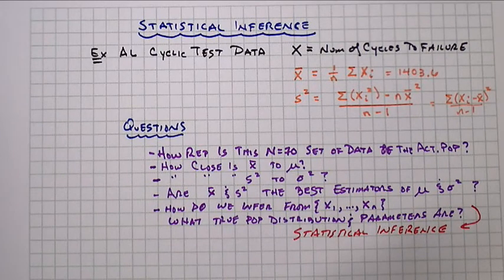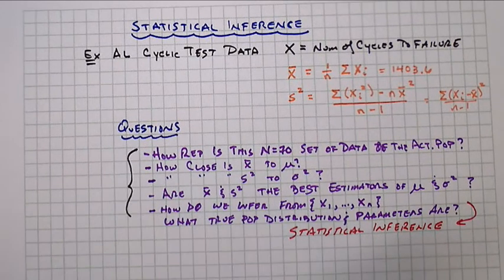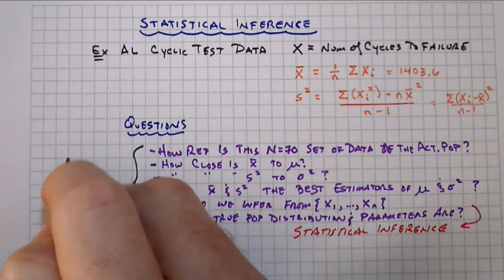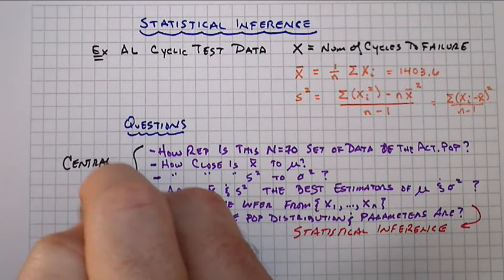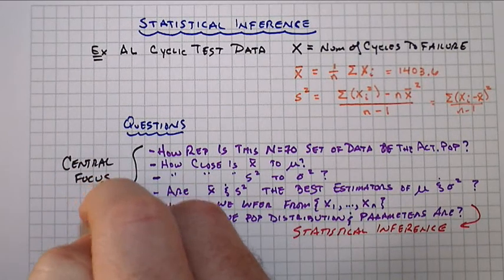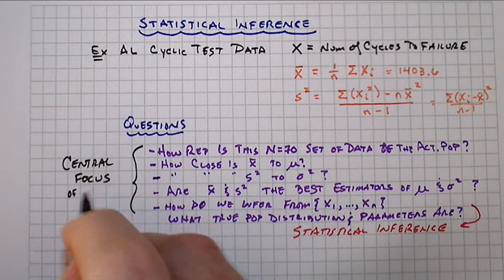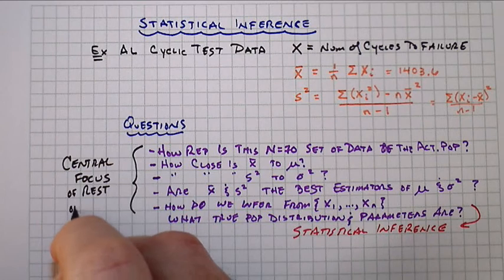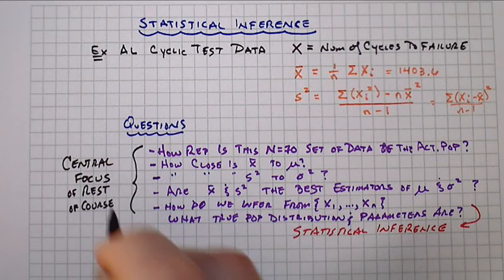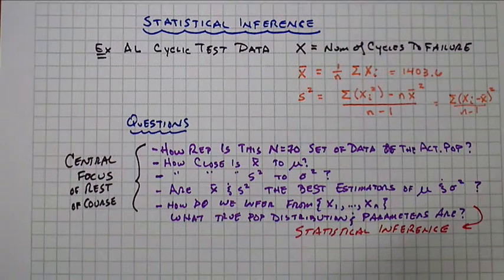And these larger questions, all of these kinds of things, that's really what the central focus of the rest of the course will be all about. We'll still have a little probability to work with, but there is a subtle and yet important difference as we shift away from probability and start looking at actual data and get significantly involved with that.